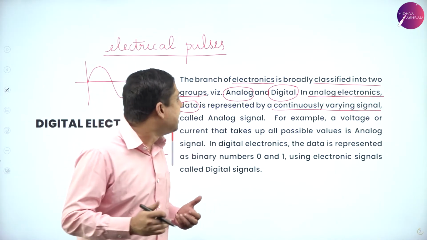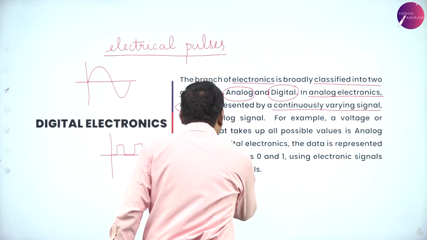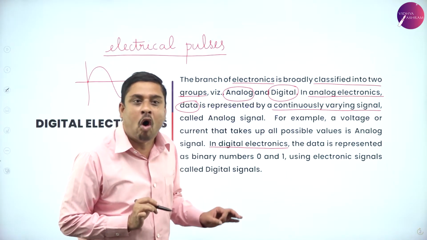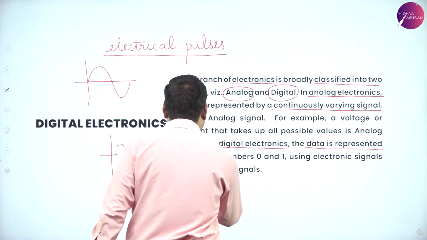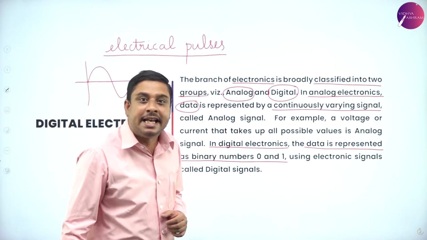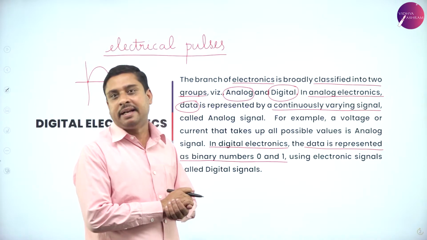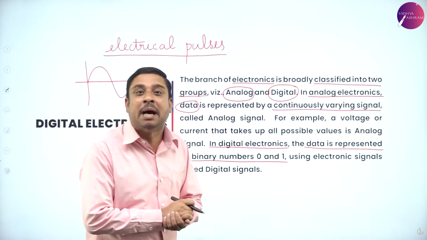Then what is digital electronics? In digital electronics, always data is represented by binary numbers 0 and 1. In high school you have studied binary numbers.